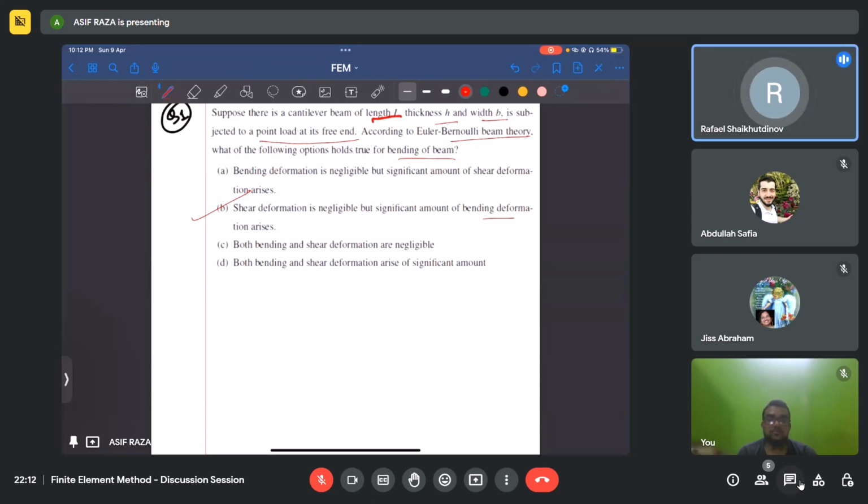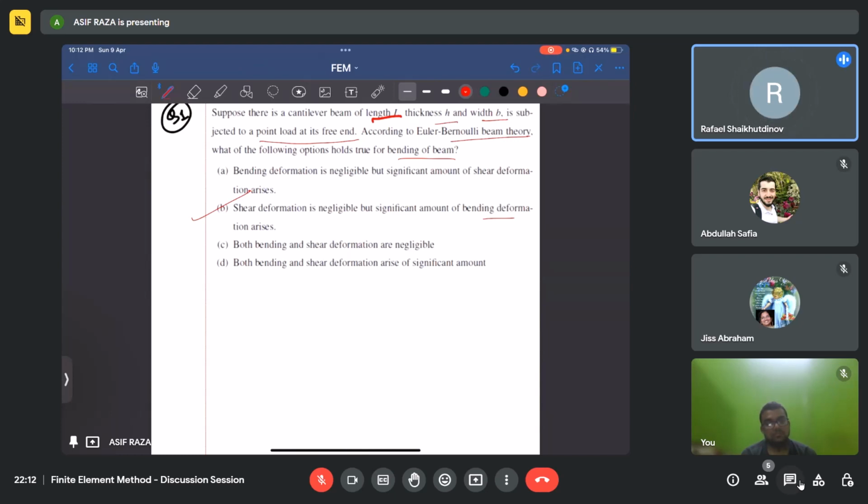But if we use a point load at the end, we have a shear force at each section. So in this case, we need to use something that describes shear forces. If we have a point load, we need to have some shear there. Can we talk about Euler-Bernoulli beam theory if shearing is there?